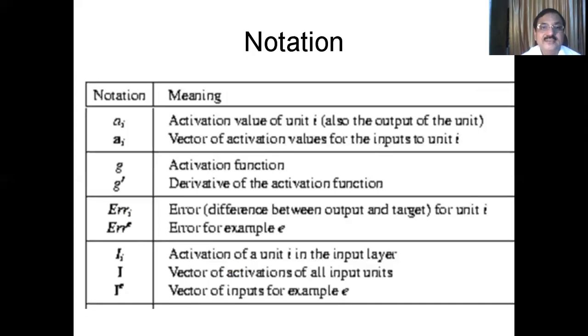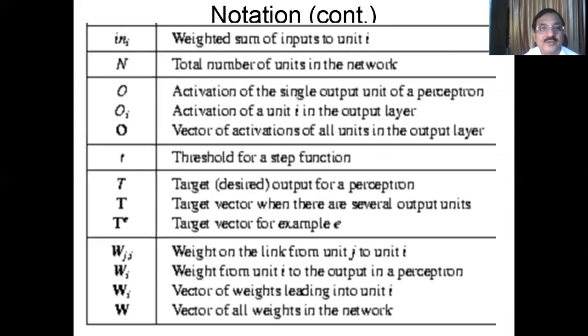Err is the error, the difference between the output and target for the unit. I_i is the activation of a unit i in the input layer, and capital I is the vector of activation of all units, that is the vector of inputs, for example I_e.